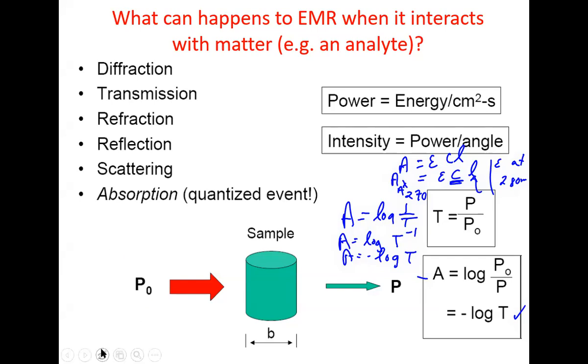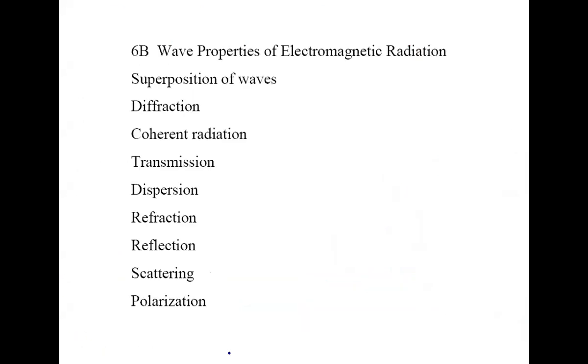So what happens to electromagnetic radiation? What are the properties of electromagnetic radiation? I've emphasized some of the things that happen. Remember, light can be treated as a wave, and so you can have the superposition of waves. Waves can be superposed on each other.